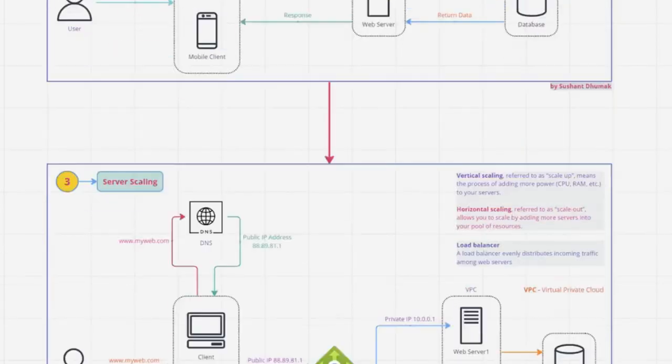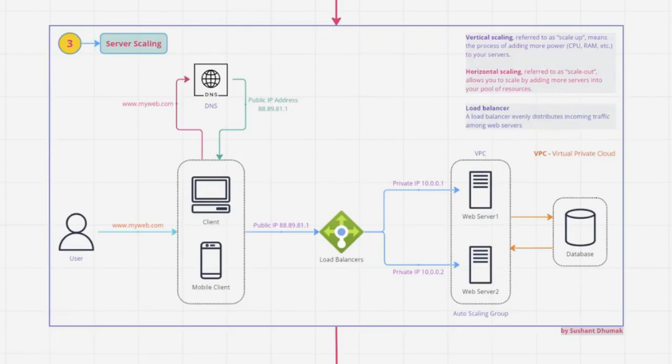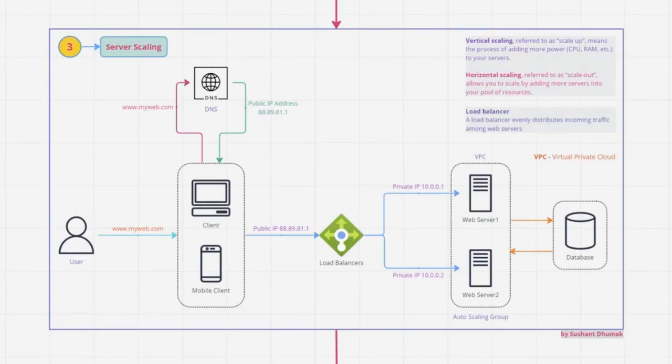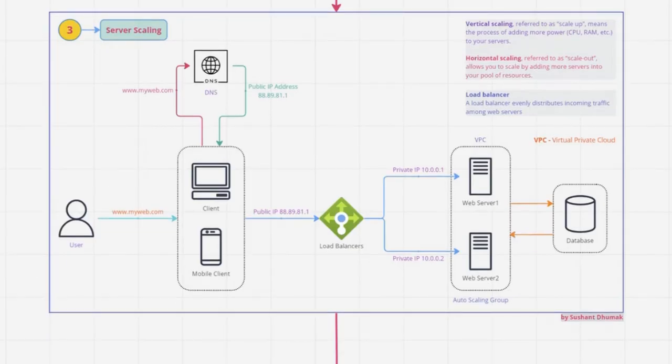We have seen how we can scale our servers to serve more and more requests as the number of users increases. More requests are going to come, so we put a load balancer in between. We have seen some basics of vertical scaling, horizontal scaling, and the load balancer. Definitely, these are concepts we need to learn in detail later on. But we have seen how we put the web server in an auto scaling group, as well as how the database is linked with it.